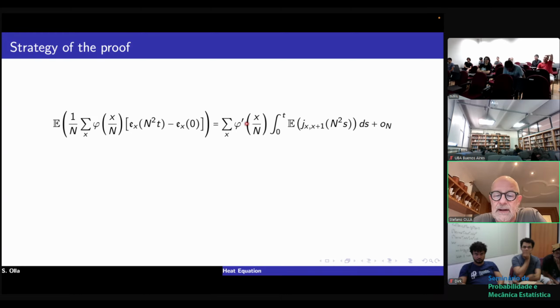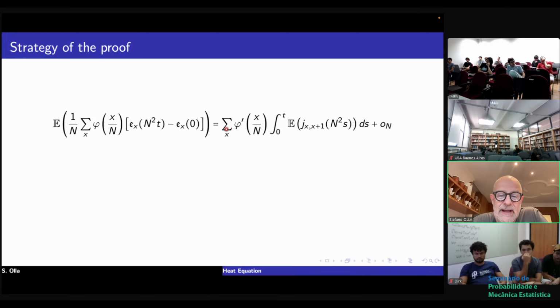The discrete gradient, I can move it onto the test function phi, so I have a phi prime here. And there's a little error that eventually will be small, and this will be the main part of it. In this process, the speed of time is n square.